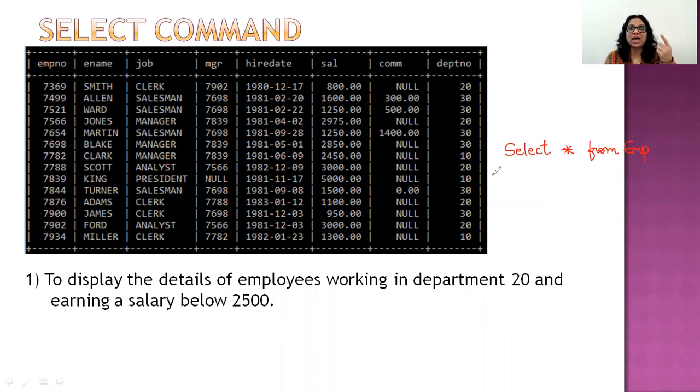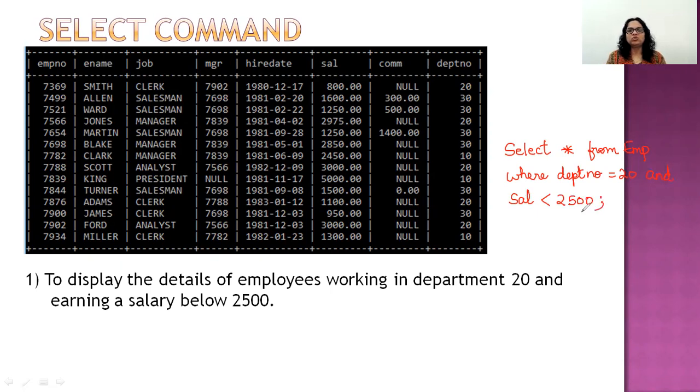Both the conditions have to be satisfied. So I write where, and the first condition is department, which is under the heading called DEPTNO, right? So DEPTNO is equal to 20 and salary, which is under the column sal, less than 2,500. And I put a semicolon.